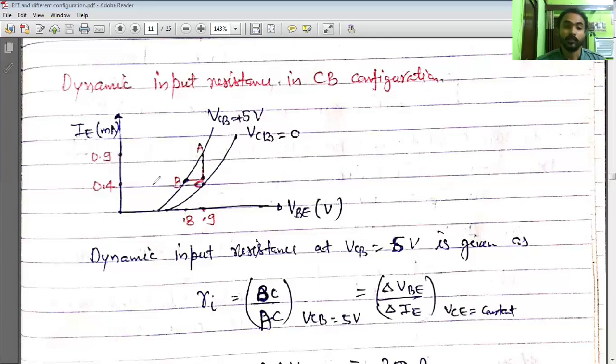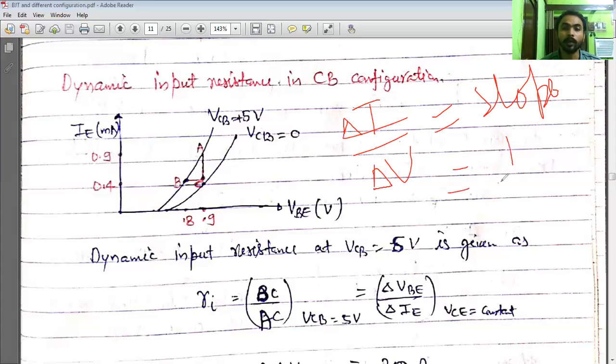Remember this is the IV curve. If you find the slope here, the I by V will give you the slope, and we can say it is delta I by delta V. That will give me the slope, and that will be equal to 1 by R. So if we draw the slope of this curve at these two points, we find the slope of this curve at any point.